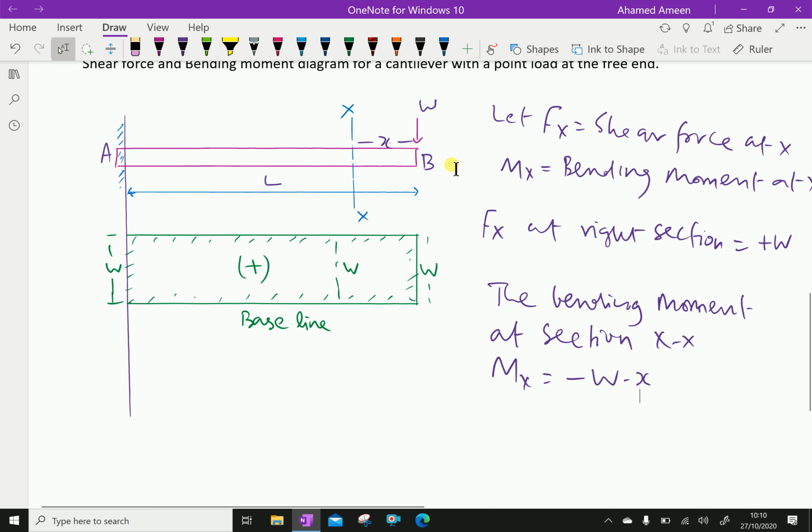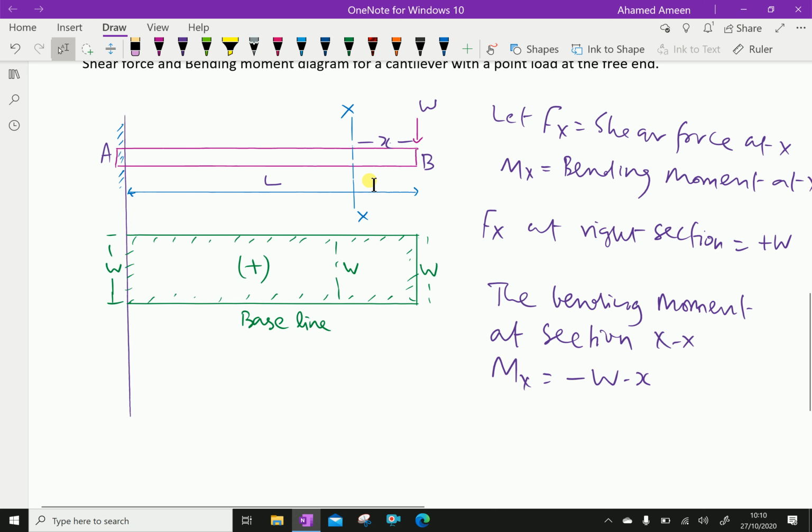Bending moment is always the load into the length. So from the right side portion of XX we are considering it as negative, W into x distance. Bending moment will be negative for the right portion of the section. The moment of W at X is clockwise, so we are considering it negative.